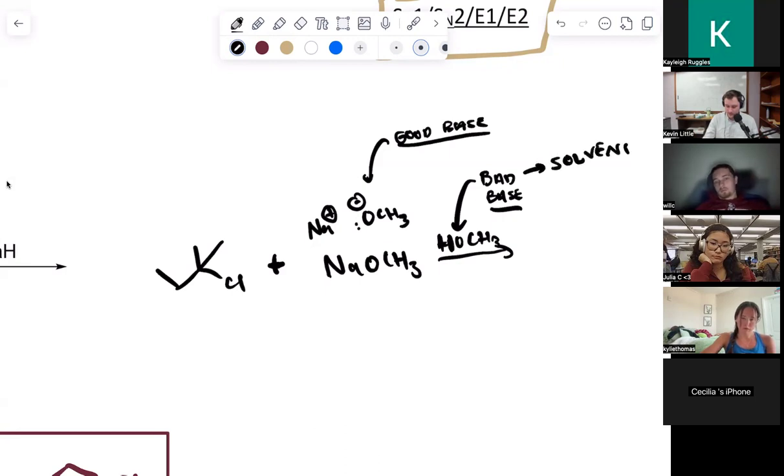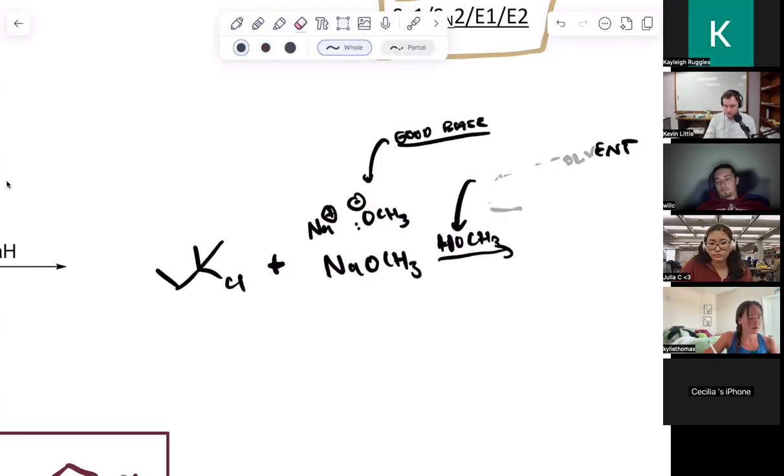It has nothing to do with the reaction. It's a good solvent to have because if it gets deprotonated by the base, I just regenerate the same base. It just goes back and forth. Does that make sense? Yeah. So this has nothing to do with the reaction. It's just my solvent.